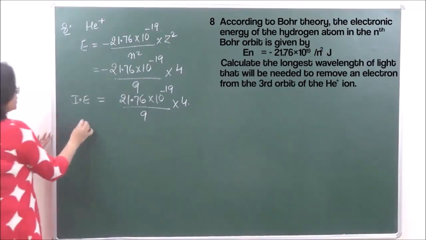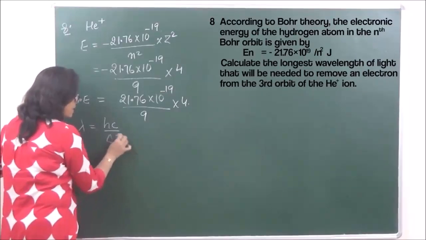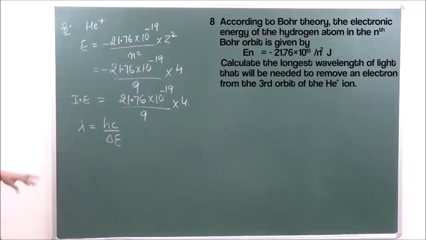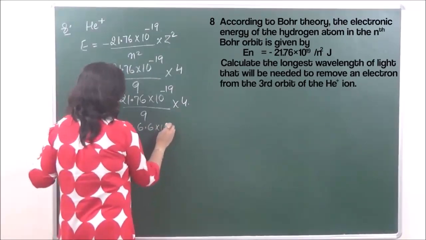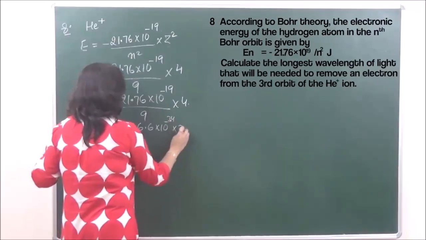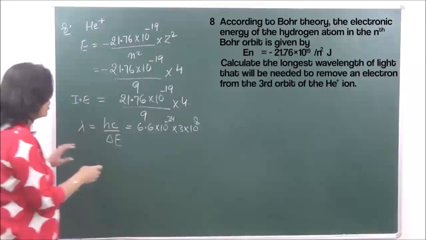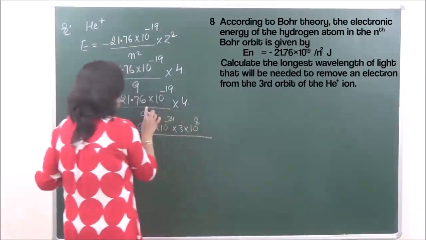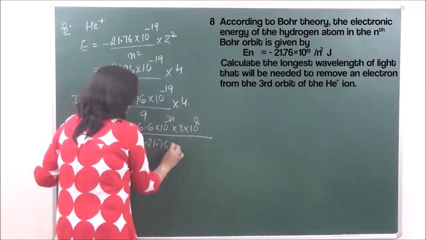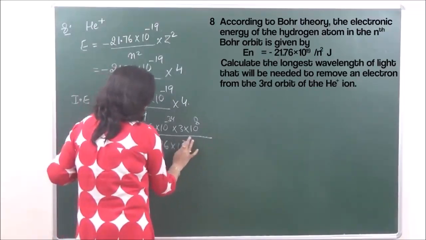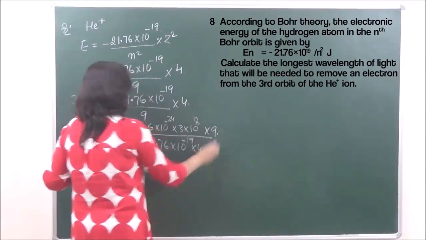Now what is lambda? Lambda is hc upon delta E, the value of h is 6.6 into 10 raised to power minus 34 into 3 into 10 raised to power 8, upon the value of delta E, that is 21.76 into 10 raised to power minus 19 into 4 into 9.